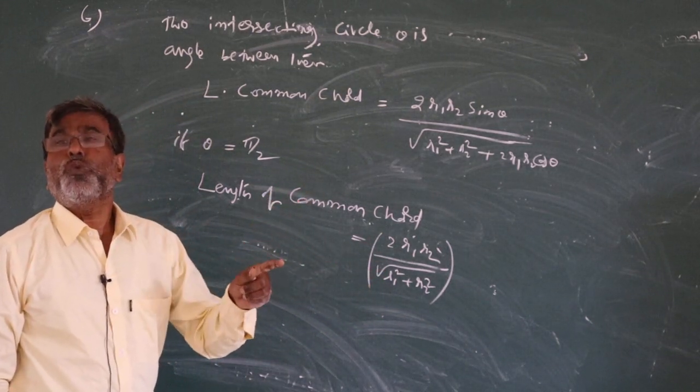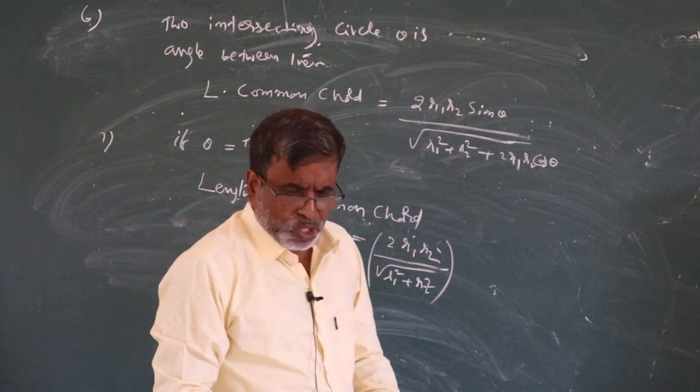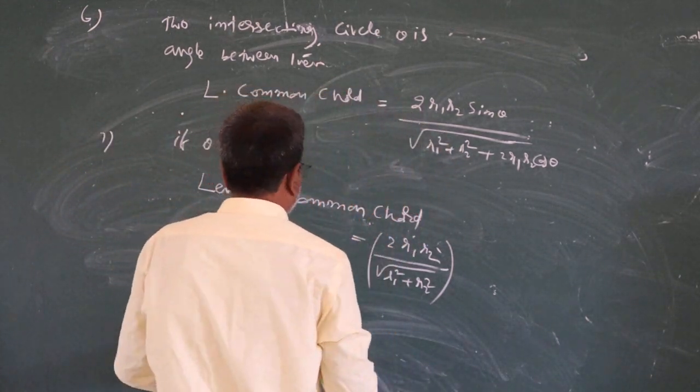This formula is asked many times in exams. Here r1, r2 are their radii. So this is the seventh shortcut.